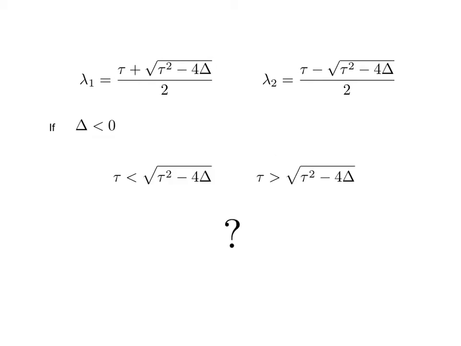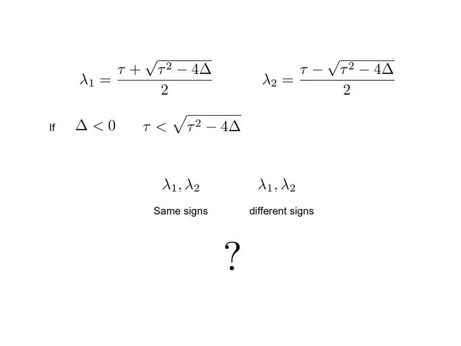Now we analyze the other case, when delta is negative. It's the opposite of before, so this is the one that is true. In that situation, what is happening with the lambdas? This term is larger than this one.